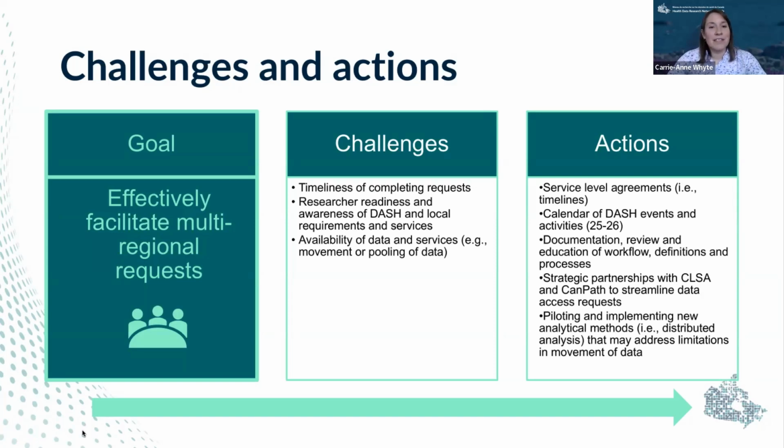And with that, we've done a lot of work around establishing service level agreements with each data center so that we have average timelines around how long certain processes should take and how long we should normally expect them to take on average. And that helps us troubleshoot any sort of delays and things that are going on. So we're continuously working on improving our timelines.